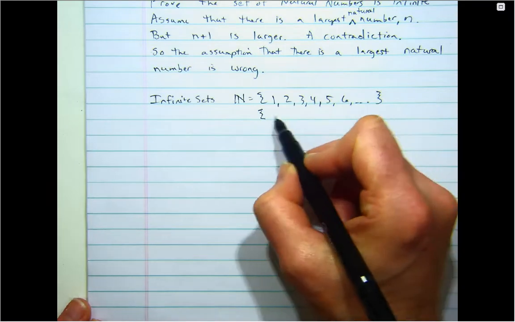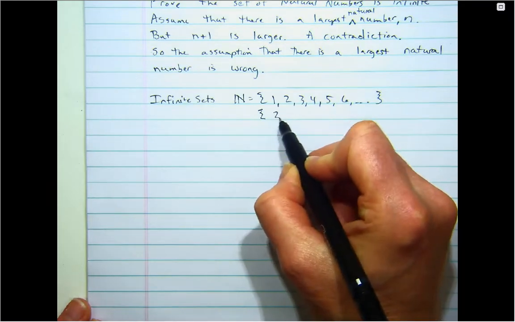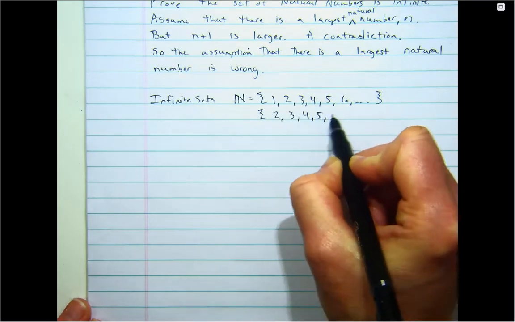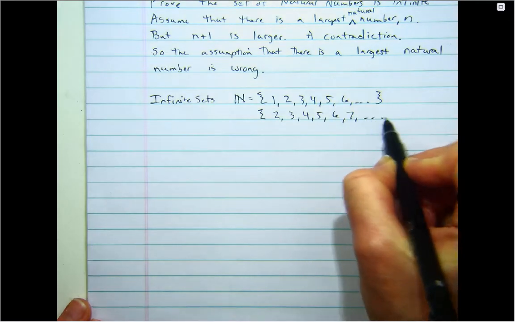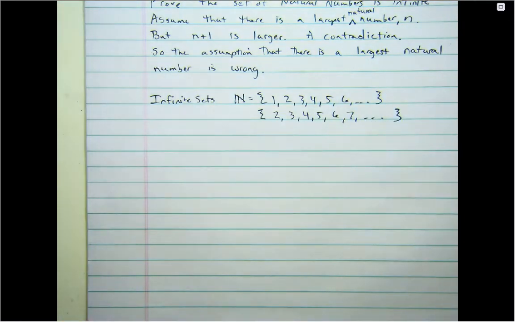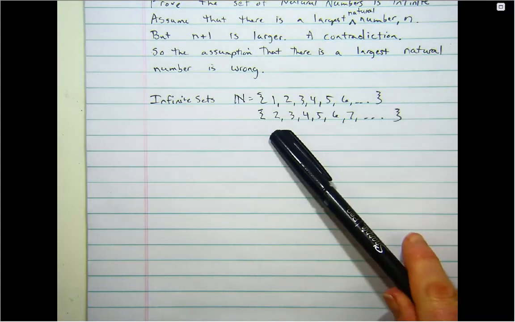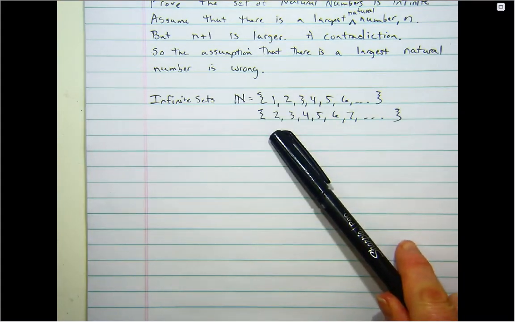Okay, so here's a set: 2, 3, 4, 5, 6, 7, comma, dot, dot, dot. In fact, it's the natural numbers without the first number 1.